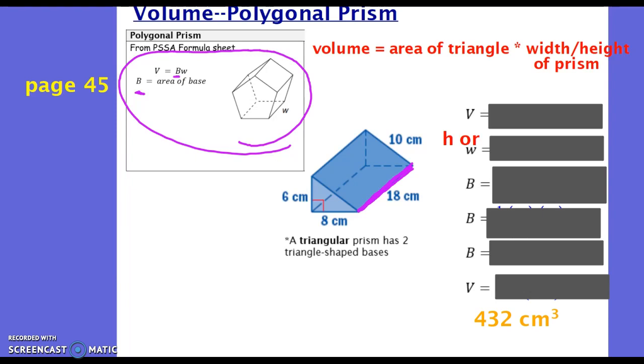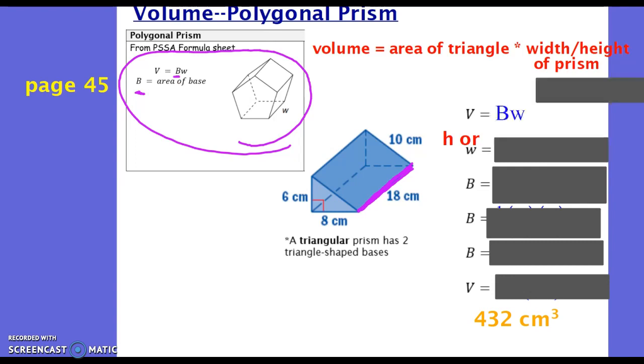This is at the top on the right-hand side, right below the cube problem. So again, my formula is the area of the base times the width. We use capital B for the area of the base. The height or the width, which if you notice is this part of your formula right here, that would be 18.